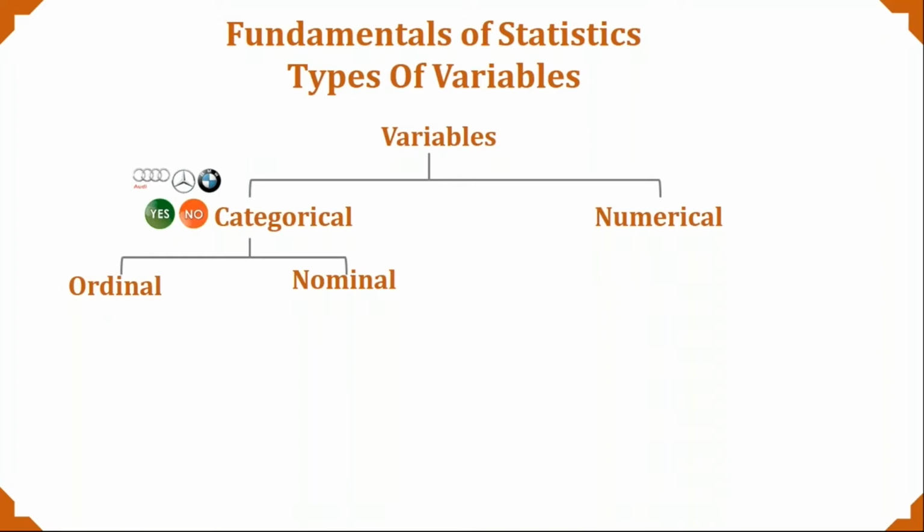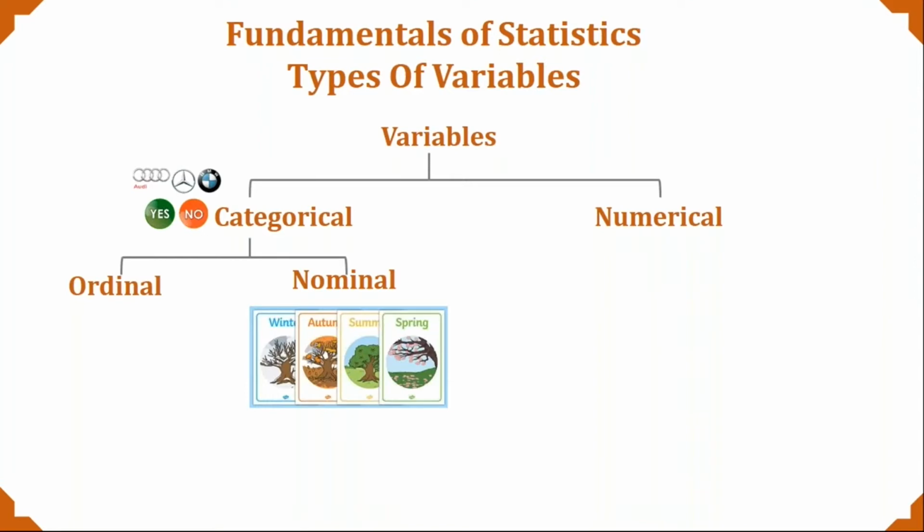We don't have a proper order for it, right? One likes one season and another one likes another season, right? We don't have a proper order for it, right? So if I ask you, who is greater, male or female? No, we don't have a proper order for it. Two are equal, right? So this kind of thing could be called nominal.